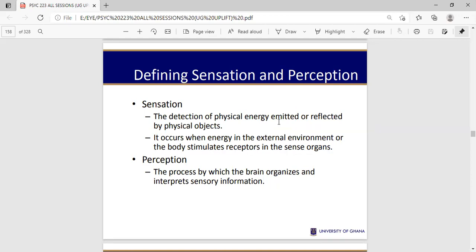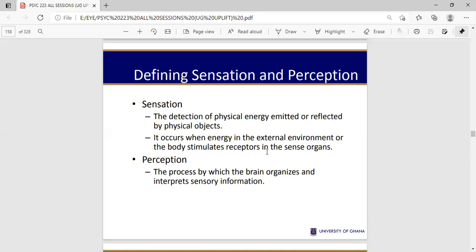Okay, so we need to know what sensation and perception is all about. Within your slides, sensation and perception has been defined. Basically, what we are trying to say is that with sensation, you sense certain information within your environment. And I believe back in lower primary, or even JHS, you were exposed to the sense organs.